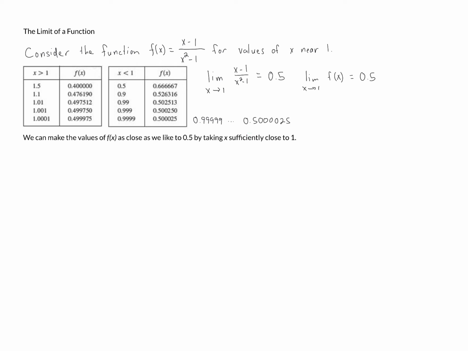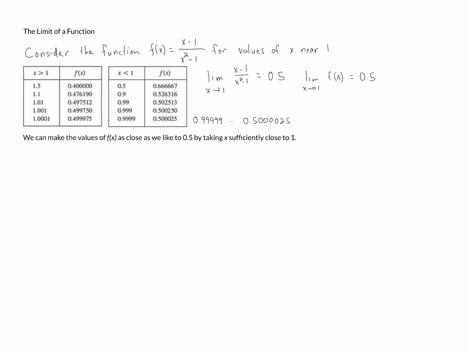Now, what I mean by we can make the values of the function as close as we like to 0.5, what that means is that for this limit to equal 0.5, we need to avoid the situation where if we keep adding 9s and we keep getting closer and closer to 1 for our x, the function eventually stops getting closer to 0.5.